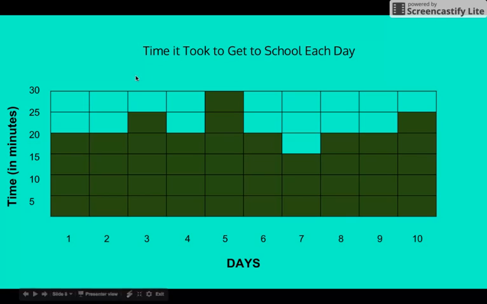For my y-axis, remember that's the vertical axis, I have the time measured in minutes, so 5 minutes, 10 minutes, 15, all the way up to 30. And the title for my x-axis is the days: day 1, 2, 3, 4, all the way up to 10, because I did my experiment for 10 days.